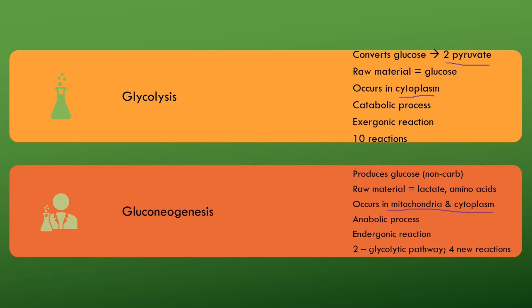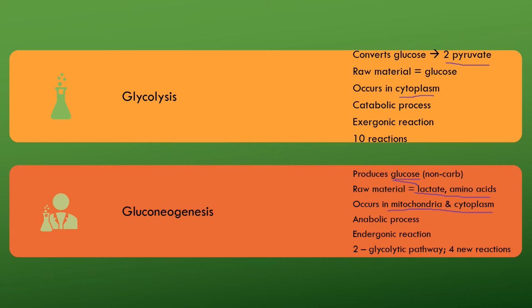The raw materials in gluconeogenesis are lactate and amino acids, so those are needed in order to begin the process. Okay, and then what is produced is glucose.